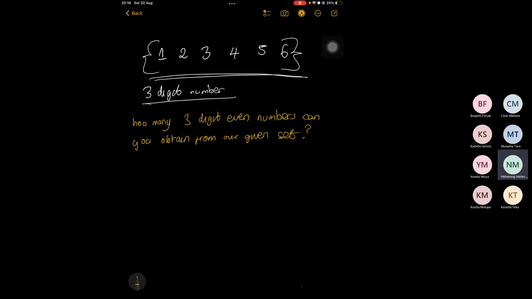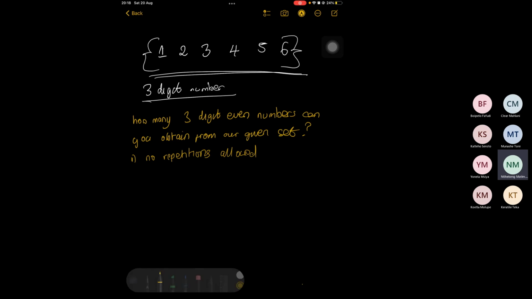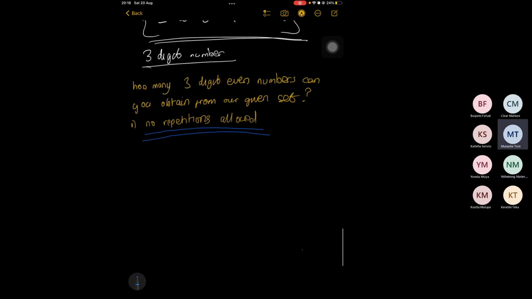So I have 3 even numbers, 2, 4, 6. For the first operation, I have 3 options, and then for the second one I have 2. For the last one I have 1. So multiplying all those is 6. Okay. Let me try to answer.